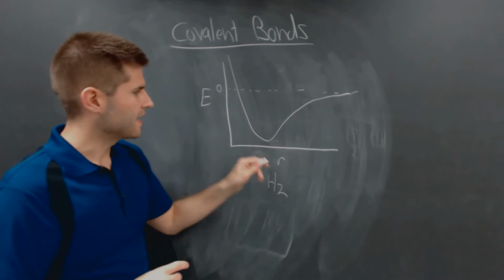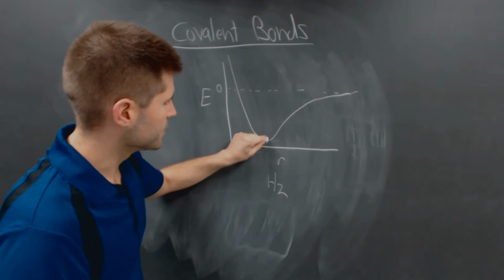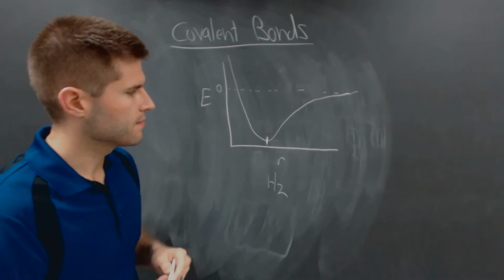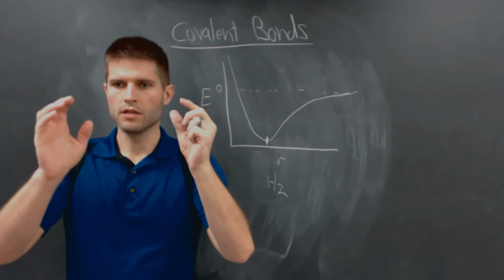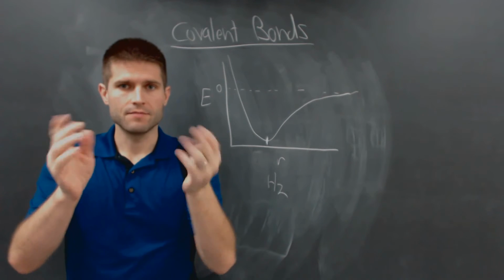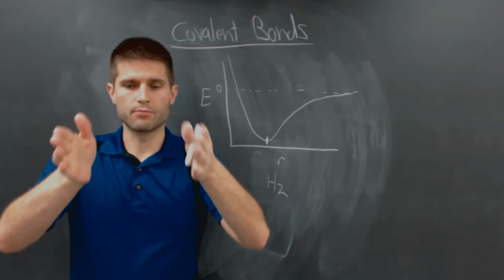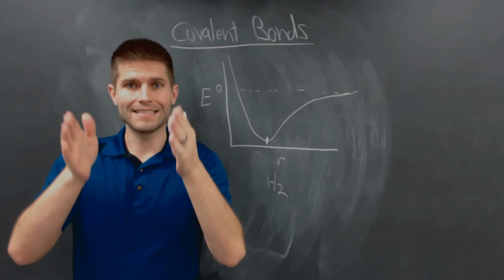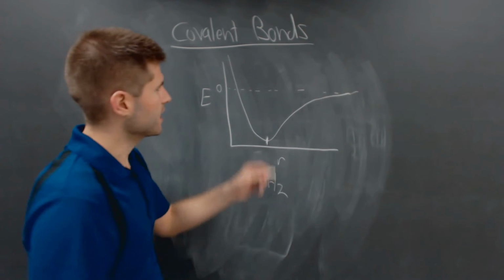Now let's identify different parts on this plot to see what happens. The lowest energy, right here at the very bottom, is going to be just like our tennis ball example, where they're just at rest. There's no energy. You just have these tennis balls on the end of a spring, you set it on the counter, that is its normal standard state. Same thing is going to happen with these hydrogens.